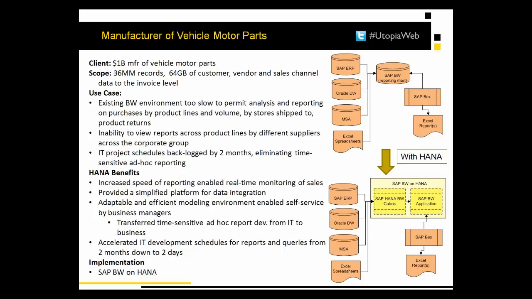And you can see in the upper right-hand corner of the slide their simplified enterprise architecture, where the SAP and Oracle data warehouse and Excel spreadsheets were all being loaded into a SAP BW reporting mart, and they were using BEx to connect to that and then extract and generate Excel reports. This is a classic SAP BW reporting mart scenario.